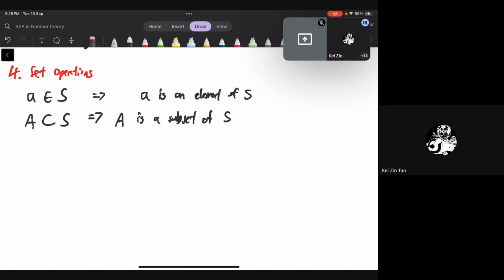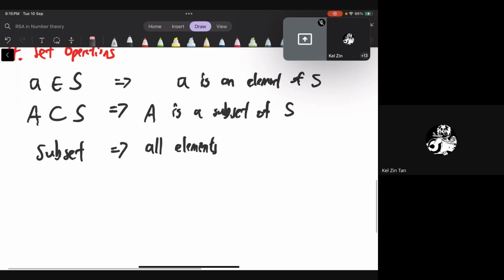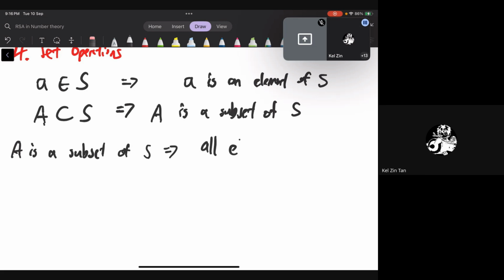A subset is basically that all elements in A are inside S. Maybe I should write this in a better way. A is a subset of S means that all elements of A are in S.